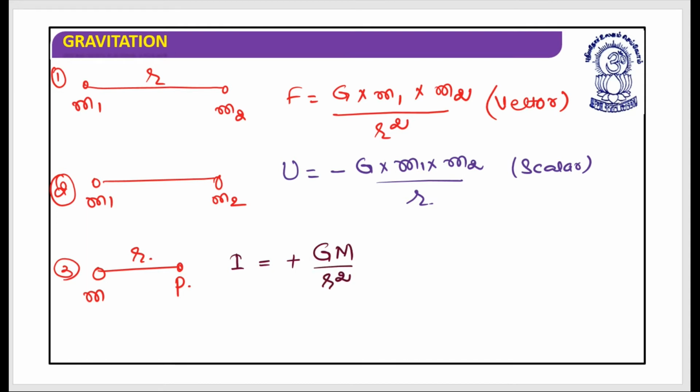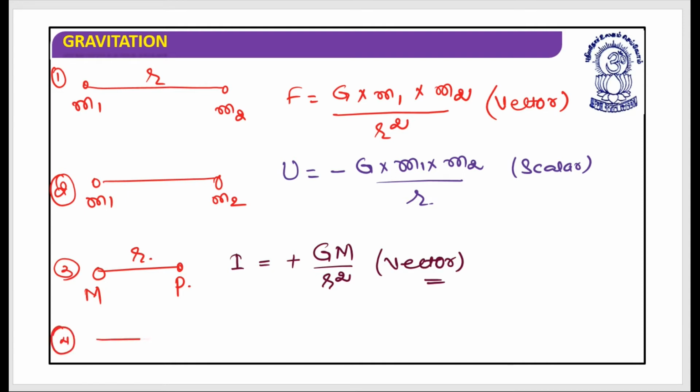This is the gravitational field due to a point mass. It's GM by r square. Again, it is a vector, so all respects that apply to vectors need to be applied to this also.